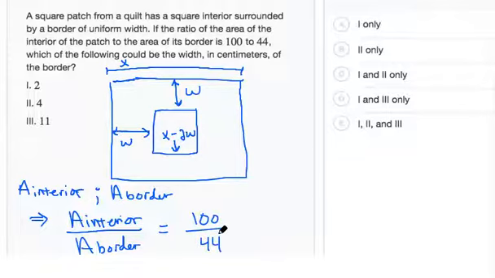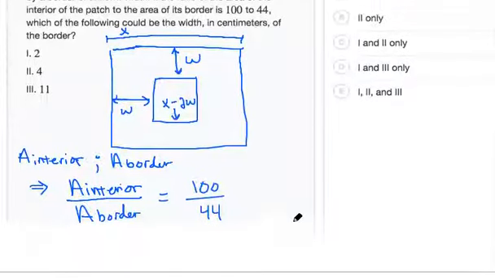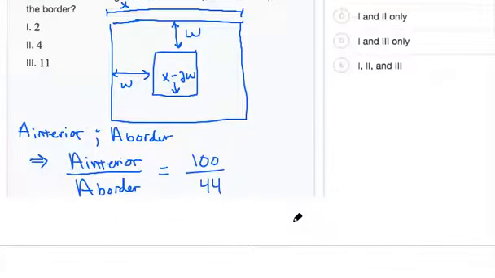Now, using our variables in our picture, let's scroll down a little bit so that we have some space, we can plug in for these area values. The area of the interior will be X minus 2W times X minus 2W, since this is a square and all the sides are the same.